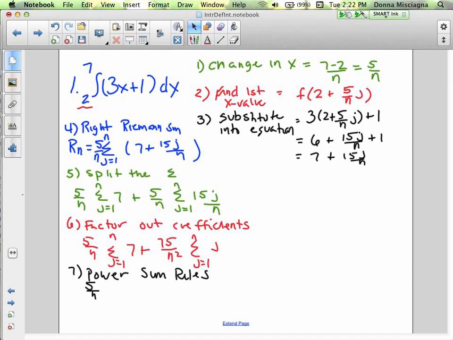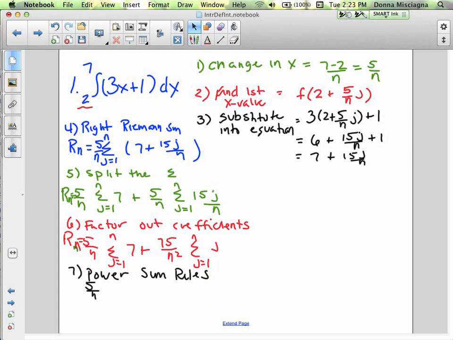It's not horrible if you leave it off, but let's put it on there. All right, but now we'll drop it once we switch to the power sum rules.